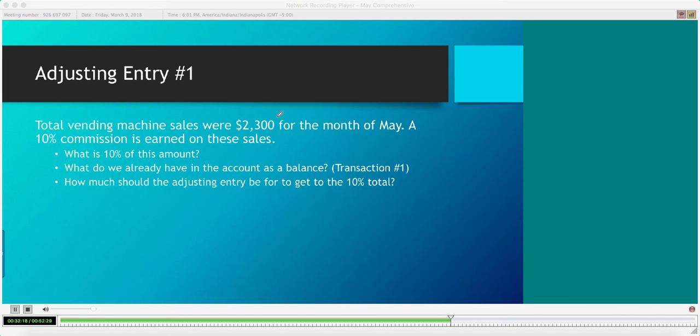Easiest way is just take off the last zero. So how much were we paid on the first transaction? If you remember.